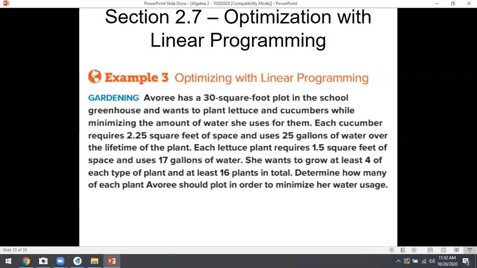What else did I say about this problem? There's other numbers in here we haven't talked about yet. She wants to grow at least 4 of each type of plant. That means the number of cucumbers must be at least 4, and the amount of lettuce must be at least 4.